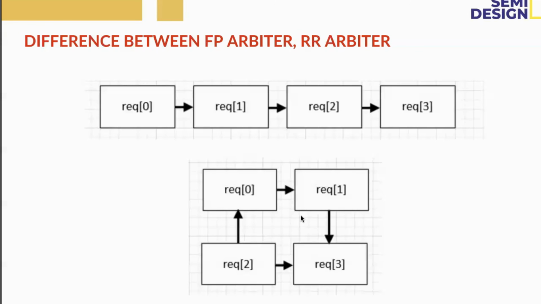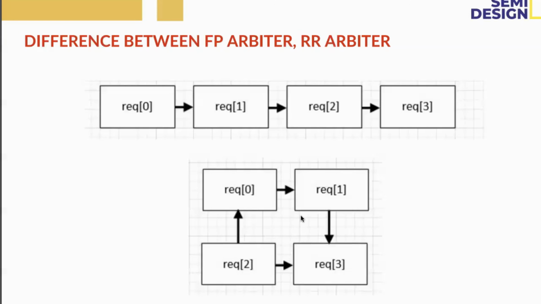One of the main advantages over the round robin arbiter is that we can give preference to any particular requester. As I told you, if request 2 has high priority and any interrupt comes, request 2 will get the highest priority. That is the advantage compared to round robin.